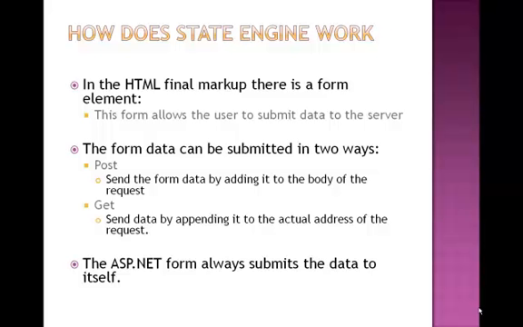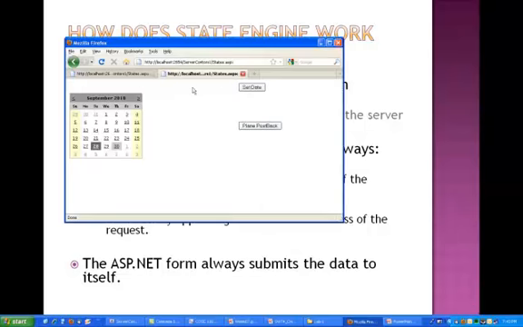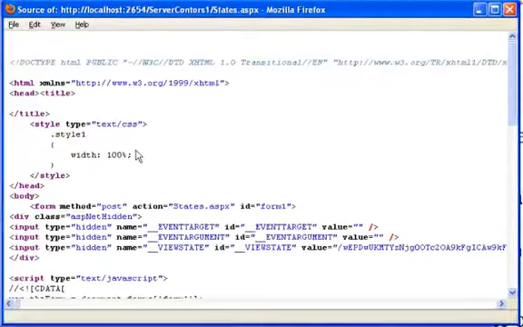The first element that we need to remember is the form element, and how the HTML source code in the final markup created by ASP.NET looks. If we go back to the page and right-click and click on View Source, you will see that the page is essentially an HTML page.